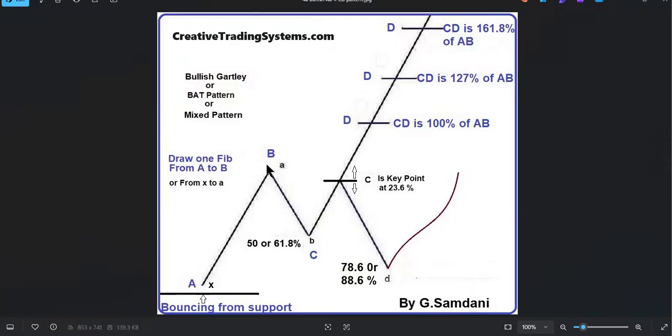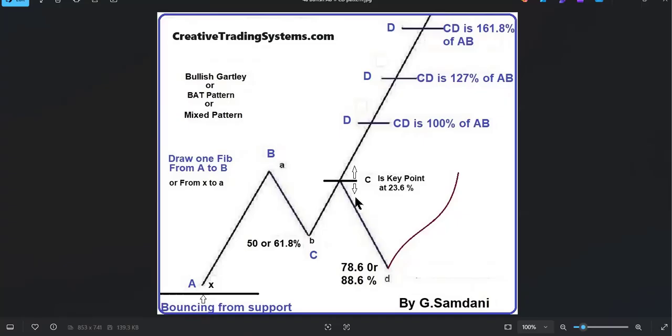You see this XA, this is the 61% we had, and then we went up to the 23% line. Now the choice is: if we pop above it and I find a long entry in the lower timeframe, then definitely it is going for this high first, then the second target, the fourth, fifth and so on. But if for some reason it drops and I have a bearish reversal candle, then I'll be looking for a short and take it to 78% or 88%.